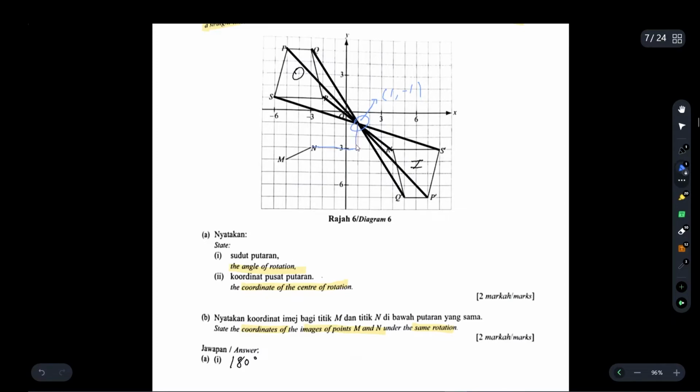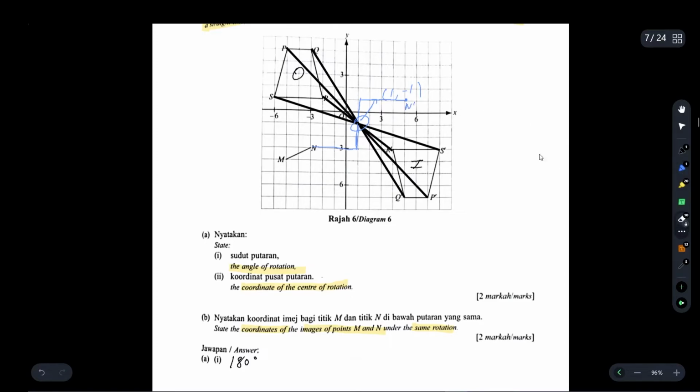So I will draw it like this. Since it's 180, it doesn't really matter whether you do it clockwise or anti-clockwise. First of all, it goes down two blocks and then goes left 4 blocks. So we just have to rotate it by 180 degrees. So it goes up and goes right. So that's the end.